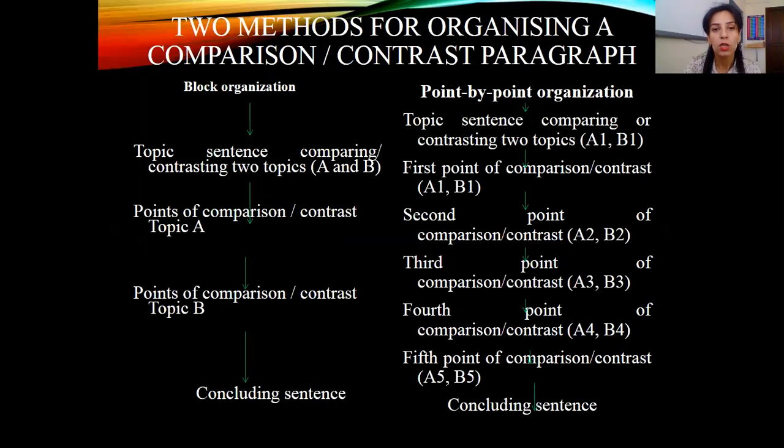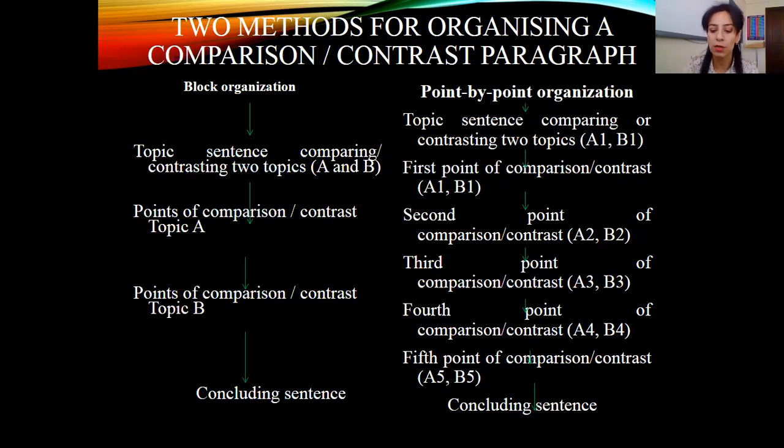So let's revise. What two methods were mentioned? Two methods for organizing a comparison and contrast paragraph are block organization and point-by-point organization. In block organization, first comes the topic sentence consisting of two topics A and B, then points of comparison and contrast for topic A, points of comparison and contrast for topic B, and the concluding sentence. In point-by-point organization, you give a topic sentence comparing and contrasting two topics A and B. First point of comparison and contrast about A1, B1.